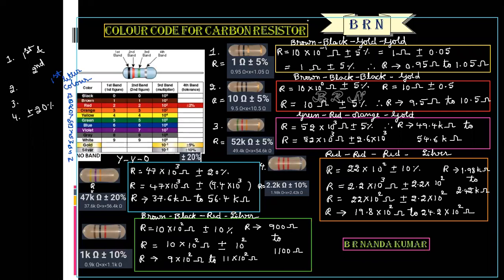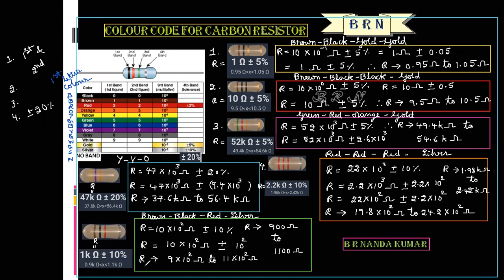What is the value of resistance of this carbon resistor? R is equal to, so this is 1 kilo ohm. 10 into 10 power 2 means 10 power 3, that is 1 kilo ohm plus or minus 10%. So the value of resistance lies from 0.9 kilo ohm to 1.1 kilo ohm.